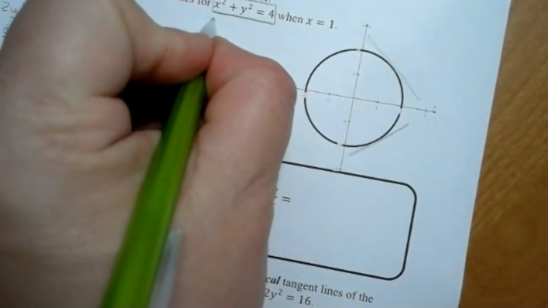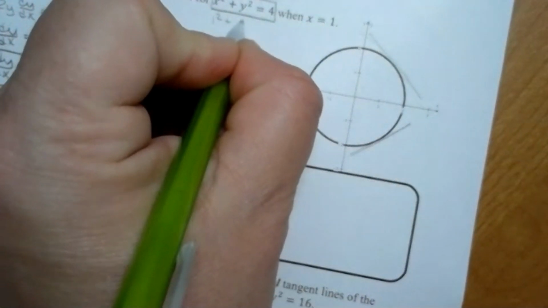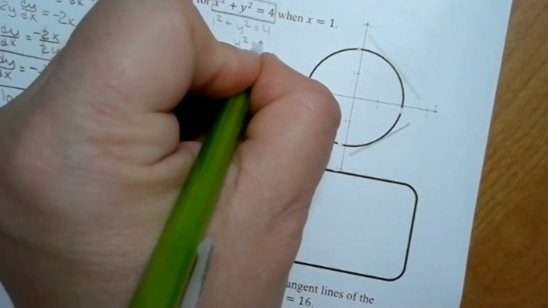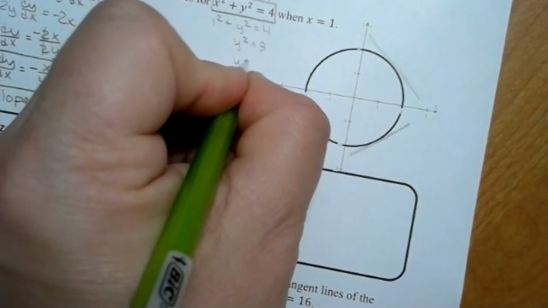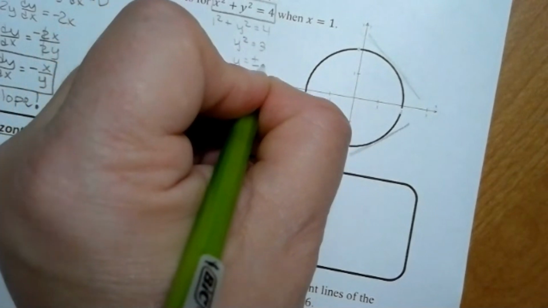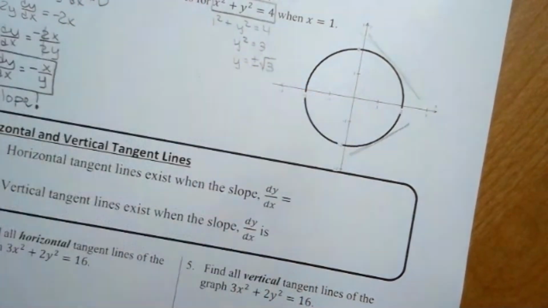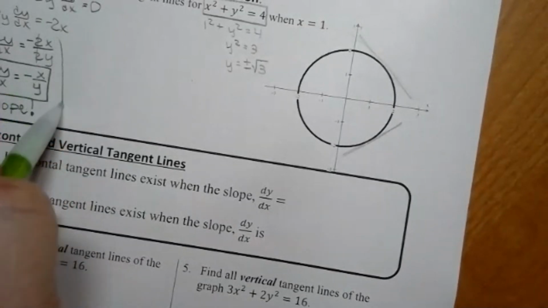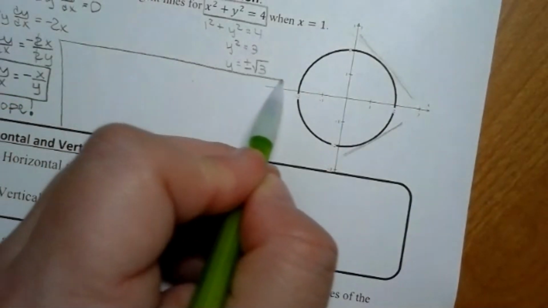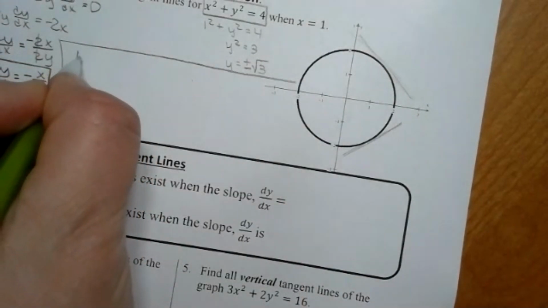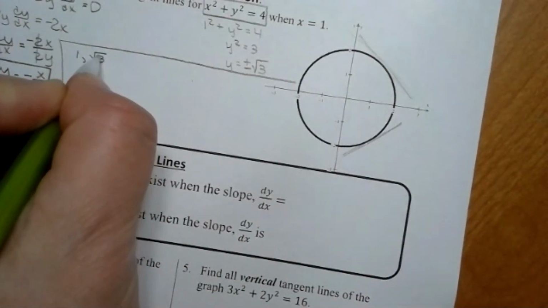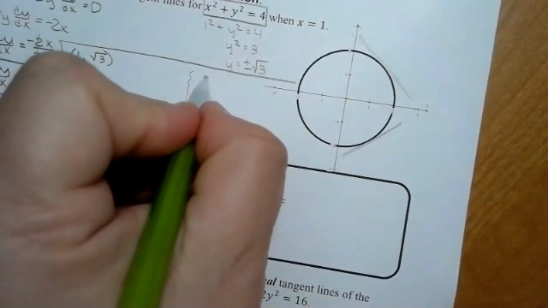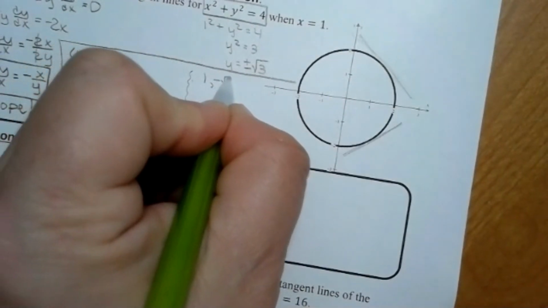So if x is equal to 1, y is going to be plus or minus the square root of 3. So I'm going to have two tangent lines. I'm going to have one at (1, root 3). And I'm going to have another one at (1, negative root 3).